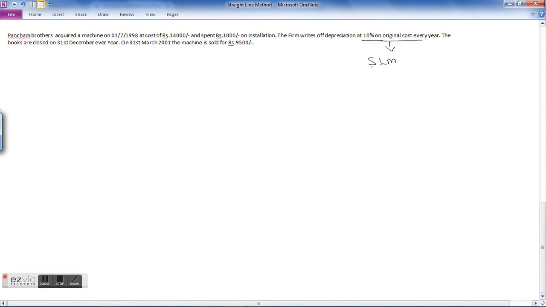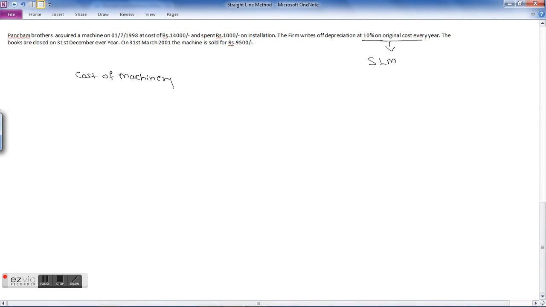Now here you can see, since the rate of depreciation is given, they need not give the scrap value and estimated useful life of the asset. That is not required. So now we'll start calculating depreciation first, and then we'll give effect to a ledger account. We'll begin with the cost of machinery.